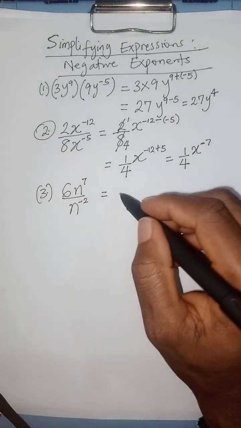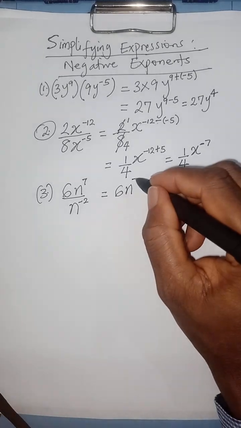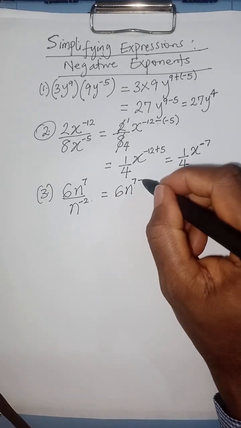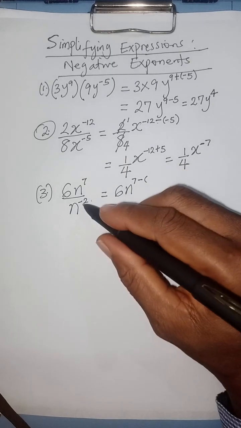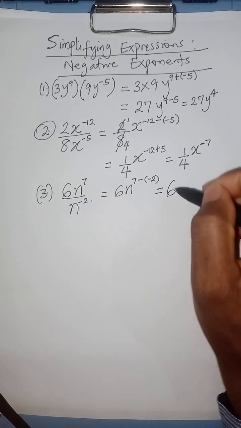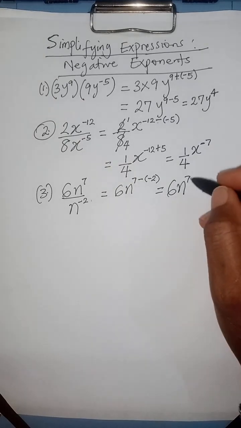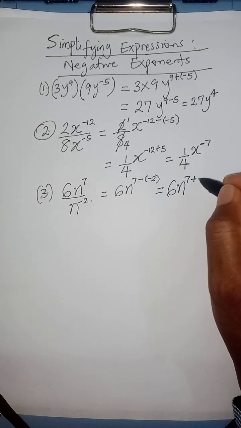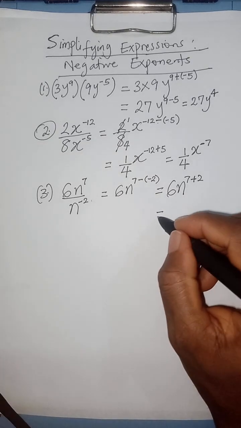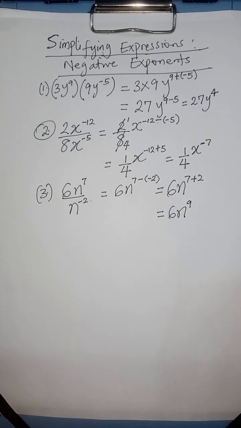So, the 6 will still retain itself, and 7, because it's division, minus, and what are you subtracting? Minus 2. And this will give you 6n, and 7, minus times minus, it's plus 2. And final answer is 6n raised to 7 plus 2, 9.